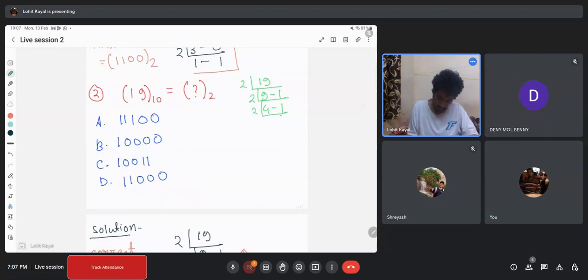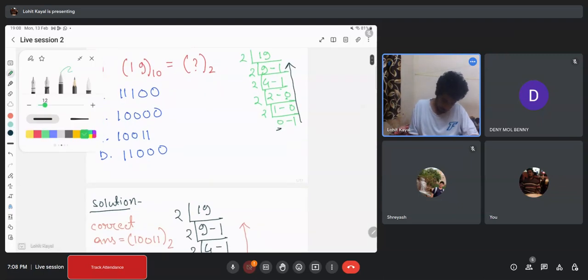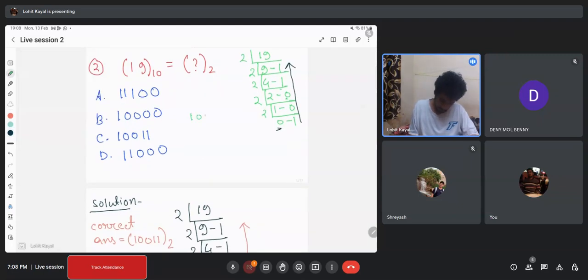Again 2, 2, 0. 0 will be the remainder. 2, 1, 0. Then 2, 0, 1. Again this last 0 doesn't have any value, so we'll start from here and go up to there. So what will be the correct answer? The correct answer will be 10011.